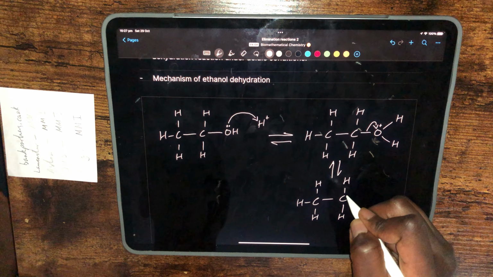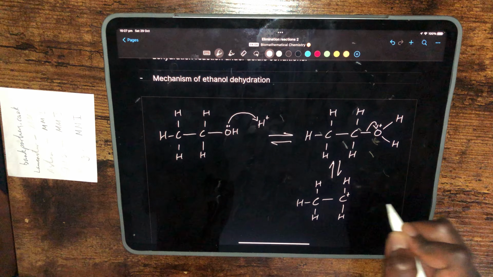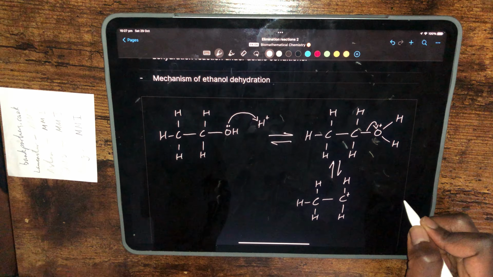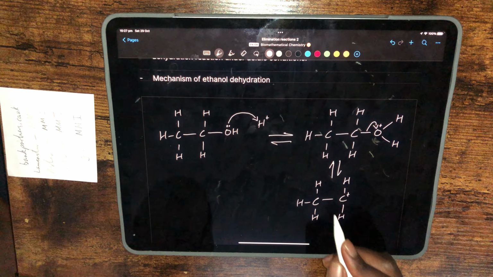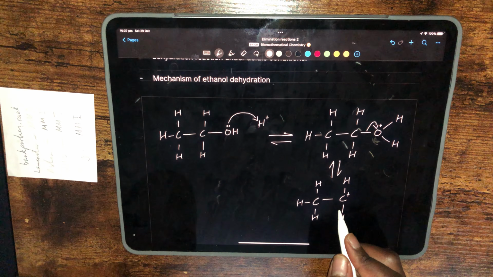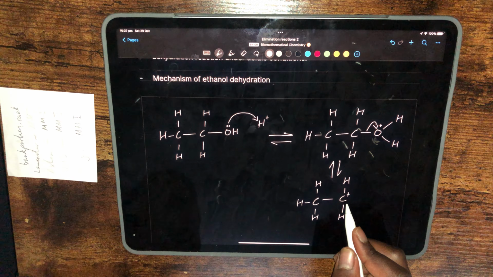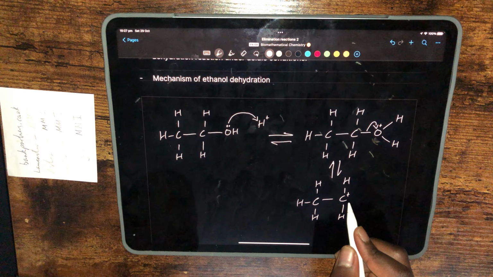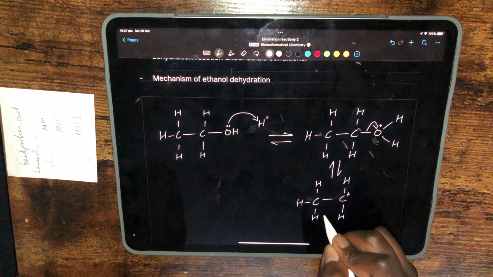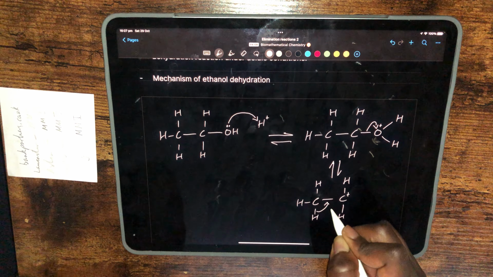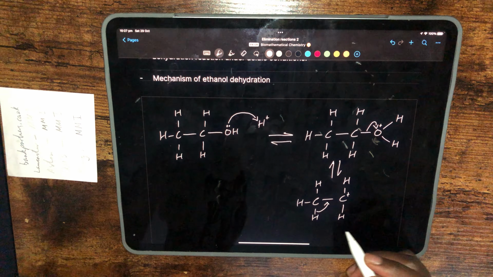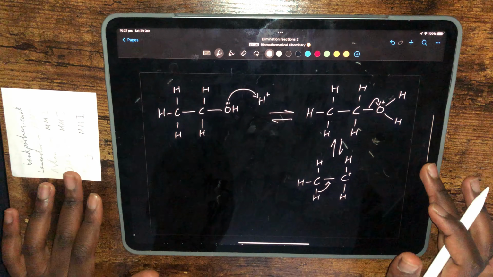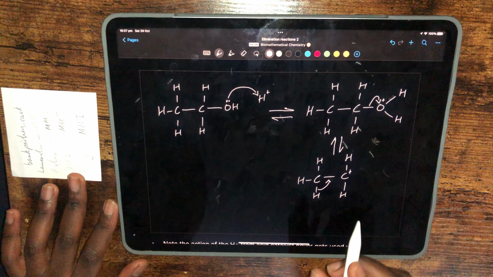Now you have water here, but this needs to form a double bond, because you can't just have this positively charged carbocation here. So one of the bonds from here, this carbon-hydrogen bond, moves, and this is how you form your alkene.